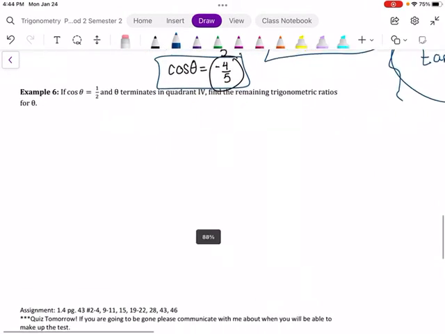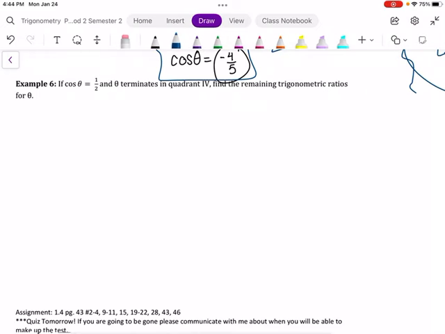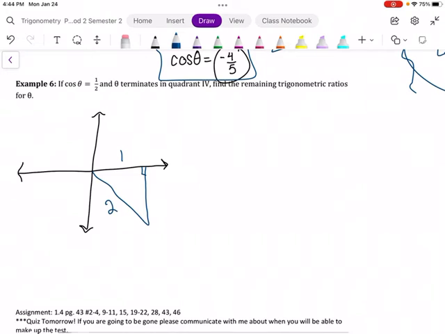So for our next one, they tell us that cosine equals 1/2 and terminates in quadrant 4. This one, I am just going to draw a picture because it's a little bit faster. So we know it's in quadrant 4 down here, and that cosine is 1 over 2.